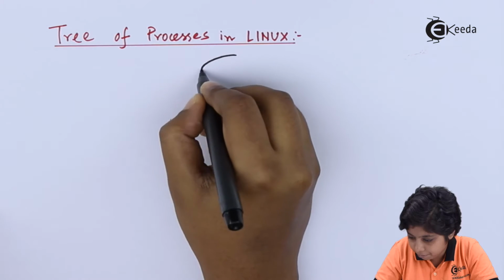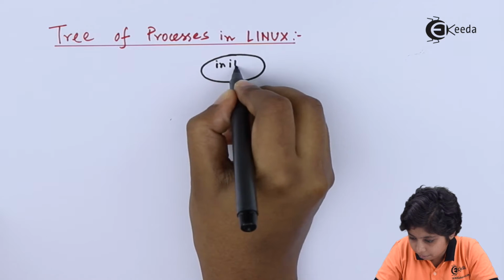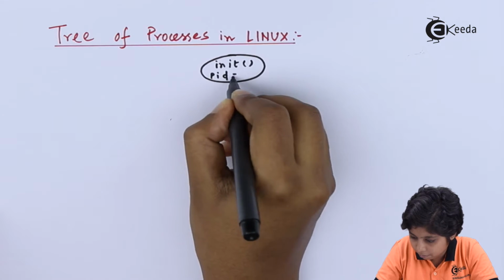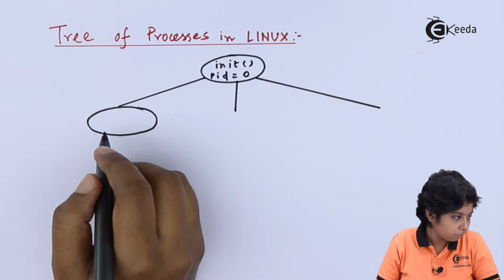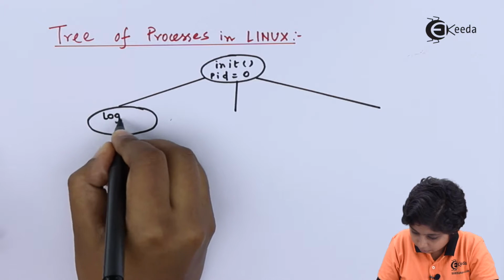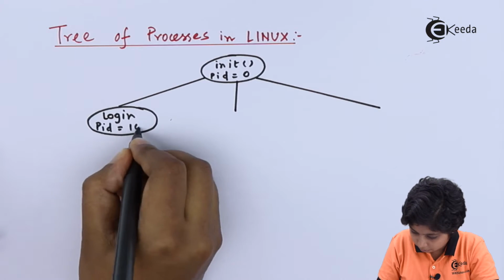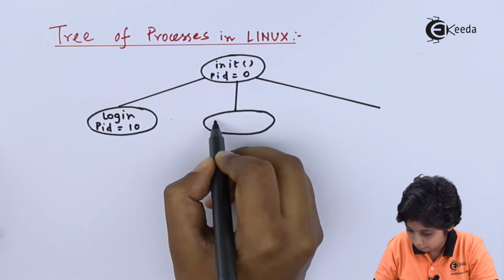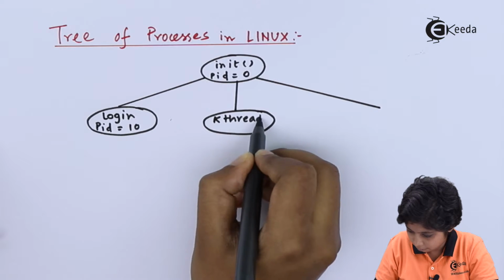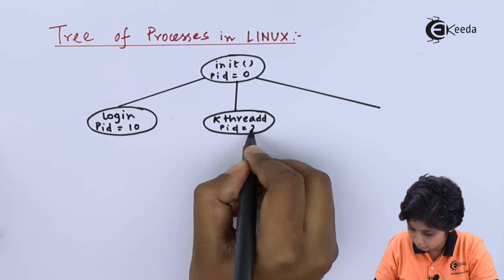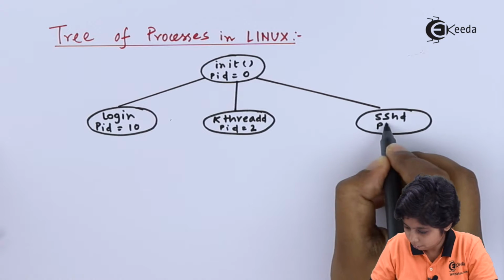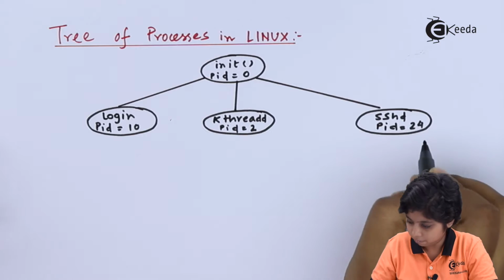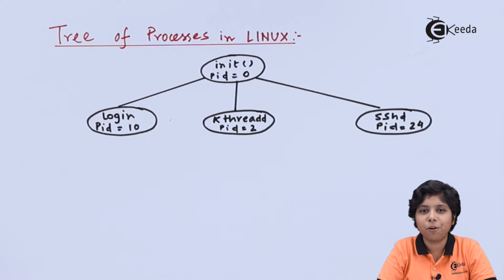Let us see. Here we have created three processes as the child processes of init.